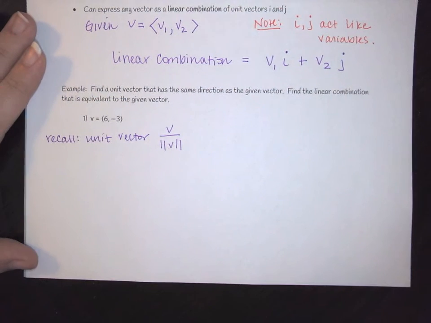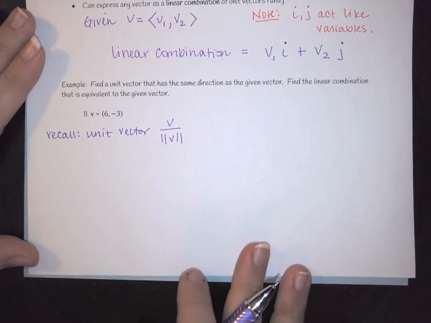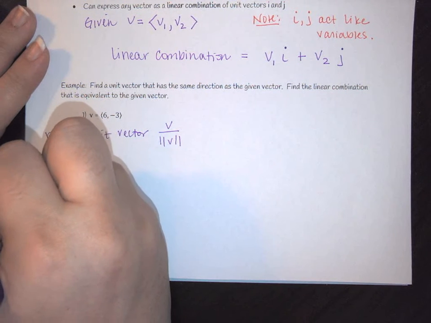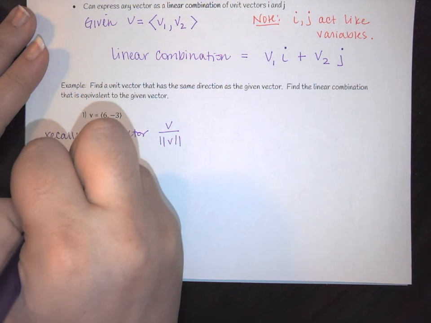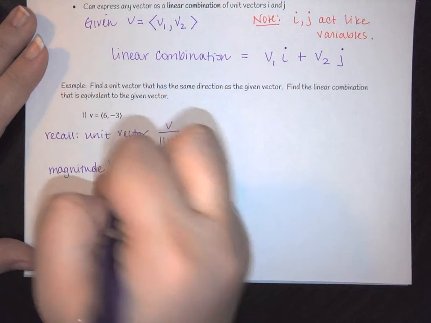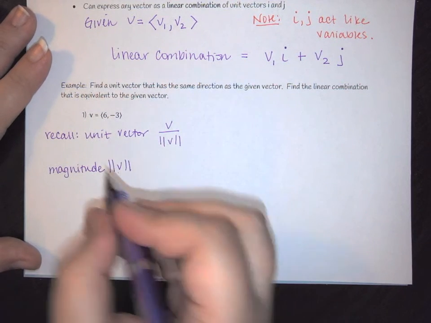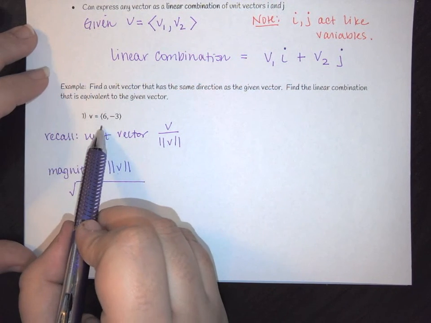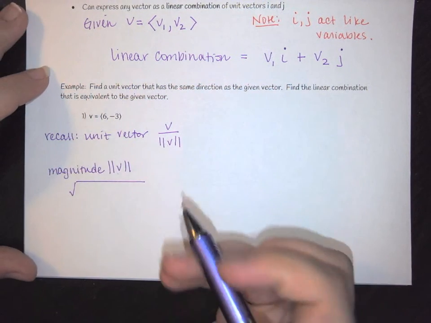Okay? And so with that, the first thing that we need to do before finding our unit vector is we need to find your magnitude, which again we call double bars v. So here we're going to use the square root, and we've been given the vector that its component form is 6, negative 3.